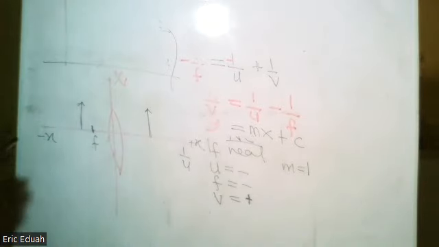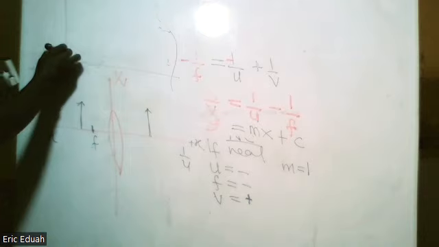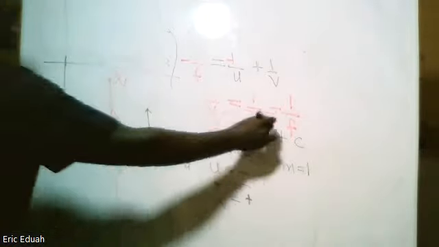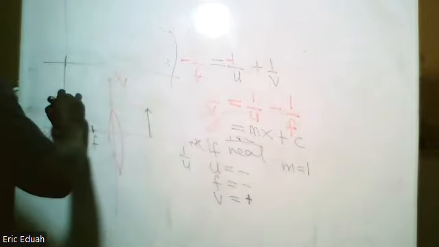Look on the graph. It will be a graph like this with a positive slope, cutting the vertical axis. The intercept on the y-axis is this.